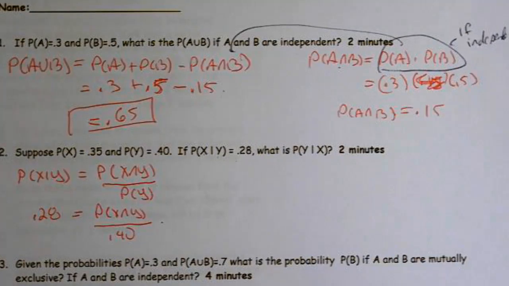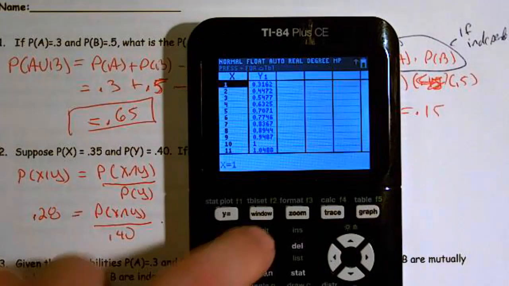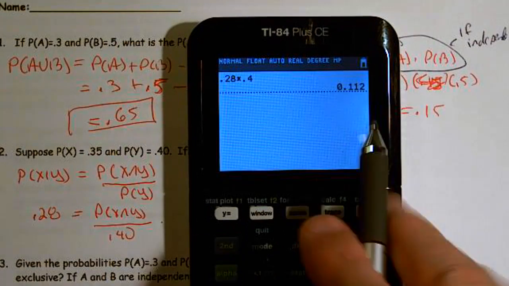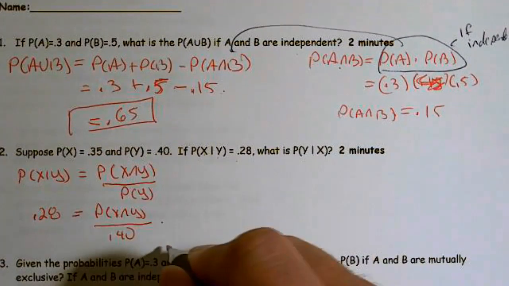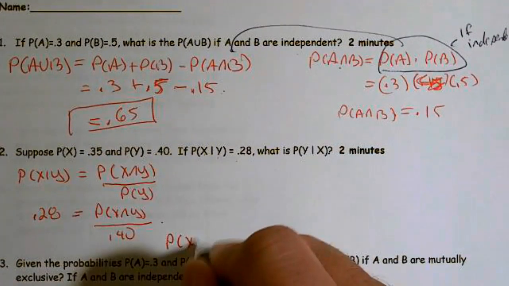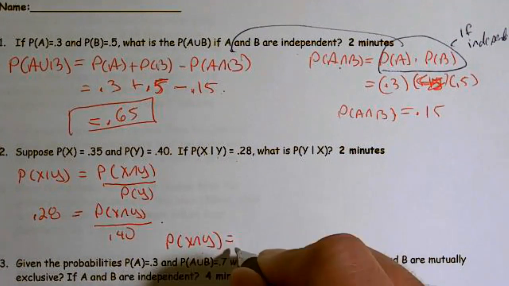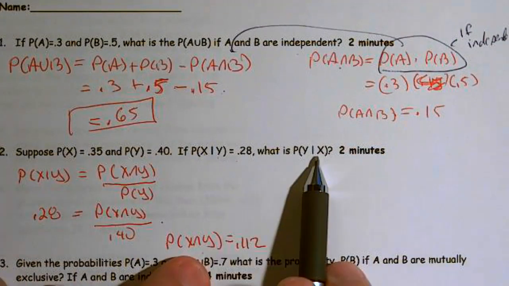When I multiply that out, 0.28 times 0.4 equals 0.112. So the probability of X and Y equals 0.112. Well, that's helpful, but that's still not what we're looking for.